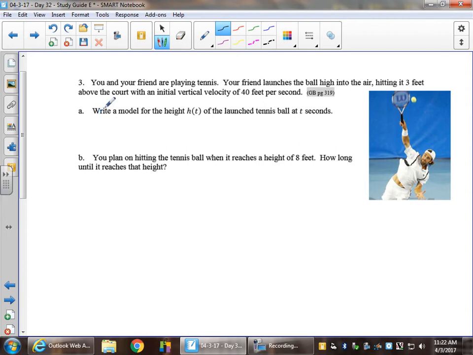Okay, part A says, write a model for the height of the launched tennis ball at T seconds. Does anybody have any idea how we're going to start this? Negative 16 T squared plus H naught. No, it's V naught.